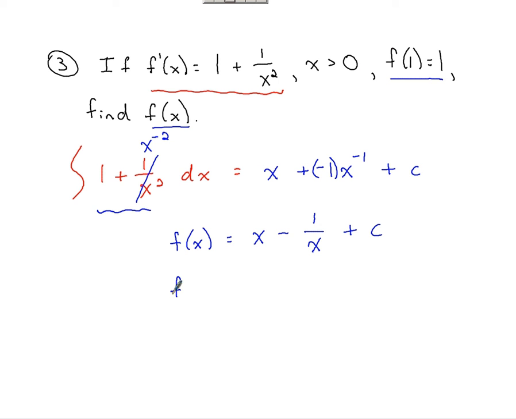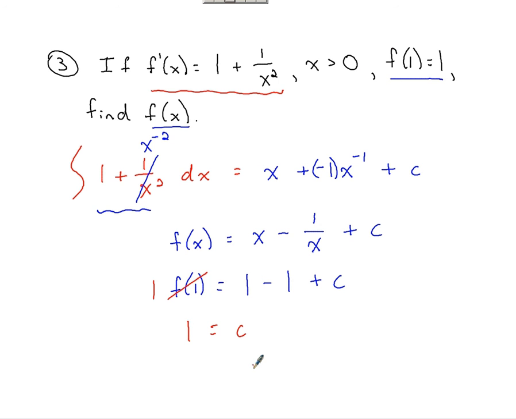So f of 1, plugging in 1 for x, would equal 1 minus, well, 1 over 1, so just 1, plus c, right? And then f of 1 itself equals 1. So right now we've got this equation building where I've got 1 equals 1 minus 1 plus c. If you solve for c, obviously 1 minus 1 is 0, so c is just going to equal 1.